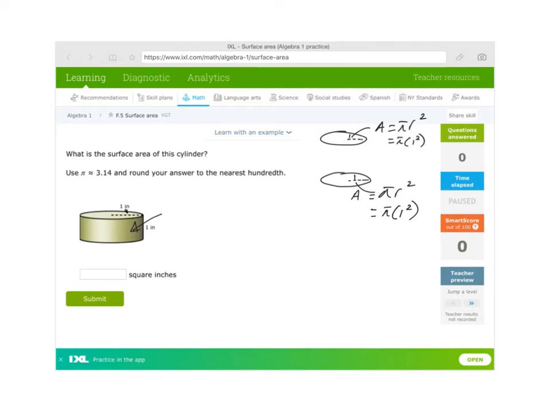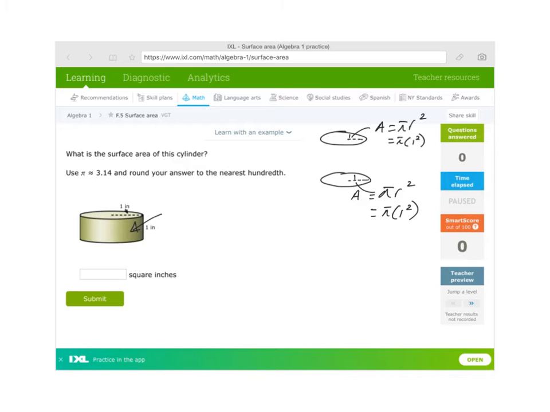So if we cut a cylinder, it always forms a rectangular sheet of paper. Like this, if you roll this, you'll get this sheet of paper.